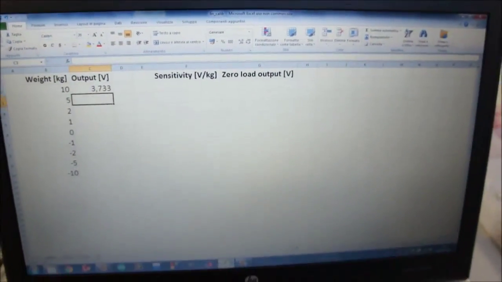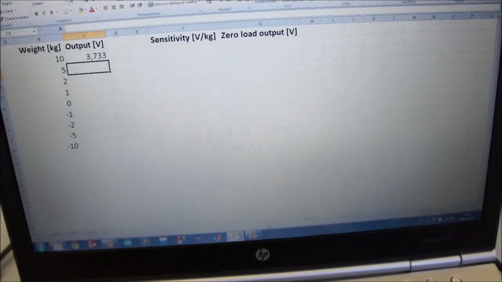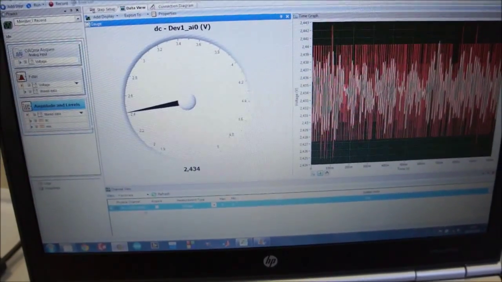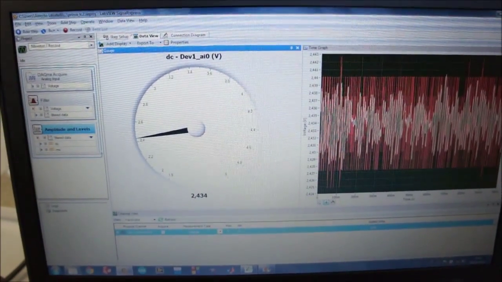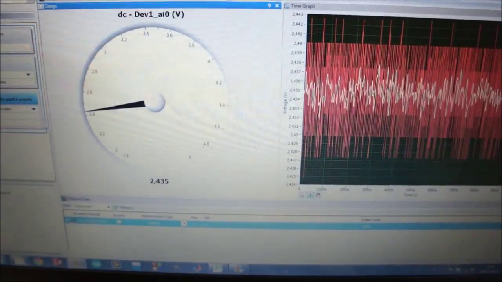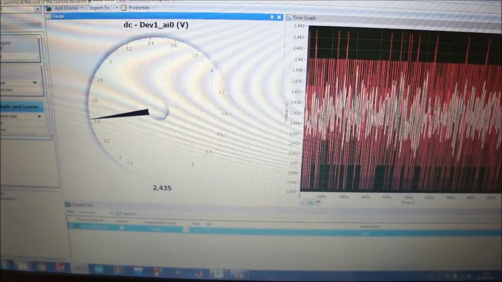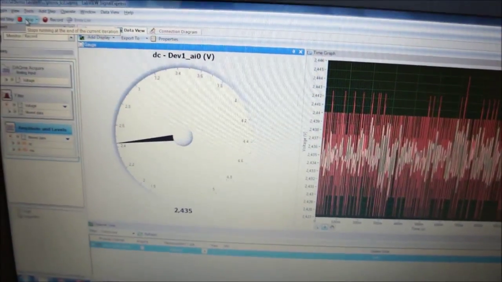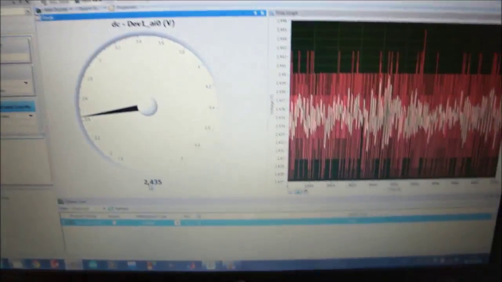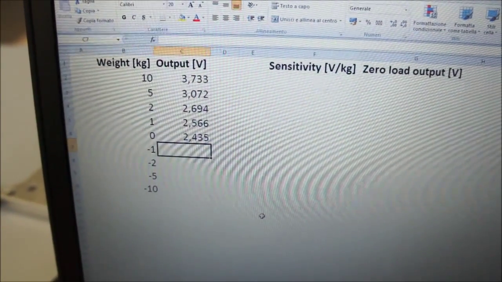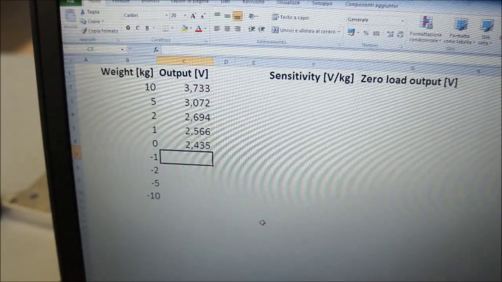Then we can register the zero load level by running the circuit, and we see that it is 2.435. It is stable, and this is our zero level. Now we finish the first run, the positive run of our load cell.